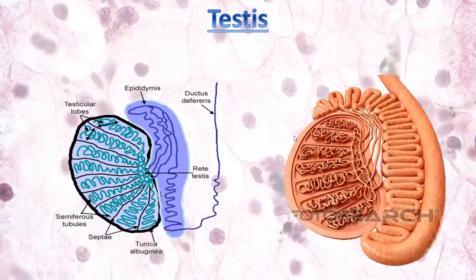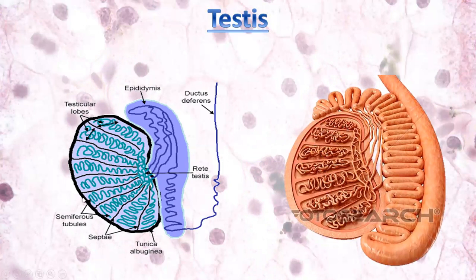Here we can see other pictures which show the structure of the testis. Here we can see the connective tissue capsule or tunica albuginea, the special name for the capsule in the testis, and septa, which divide the testis into lobules, and each lobule contains from 1 to 4 convoluted seminiferous tubules.